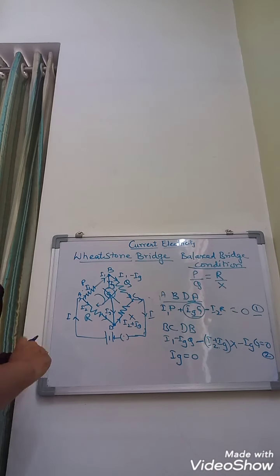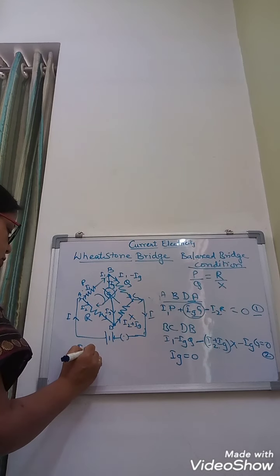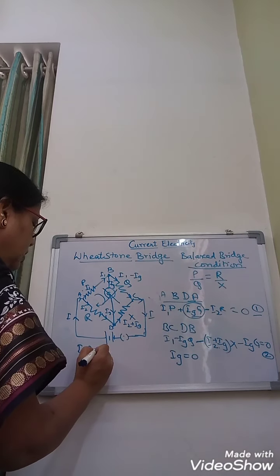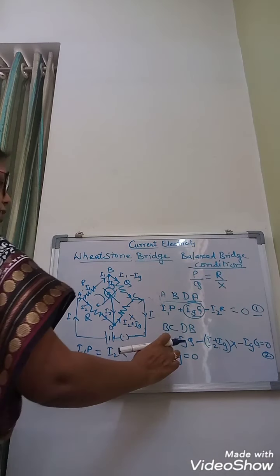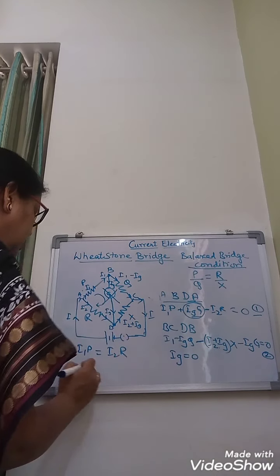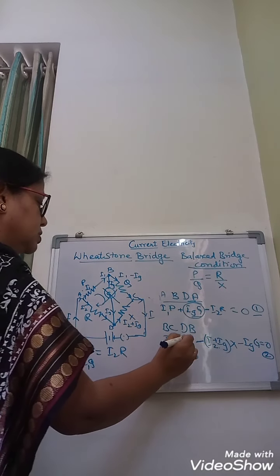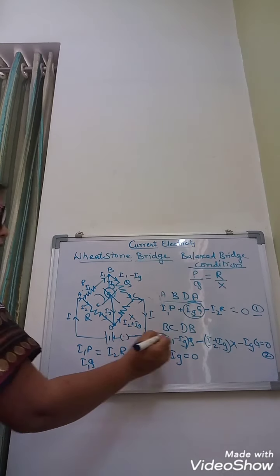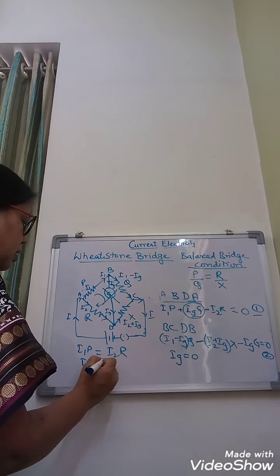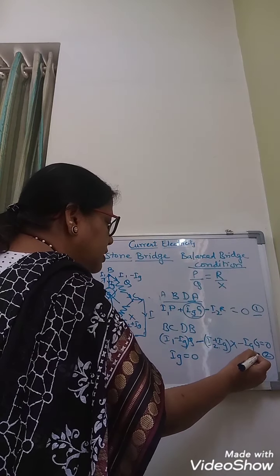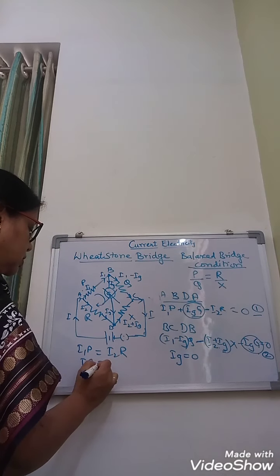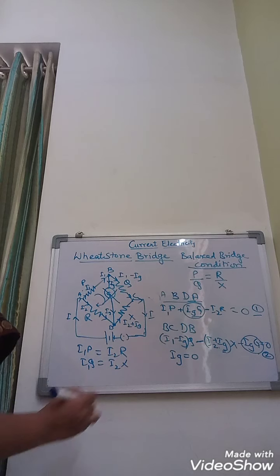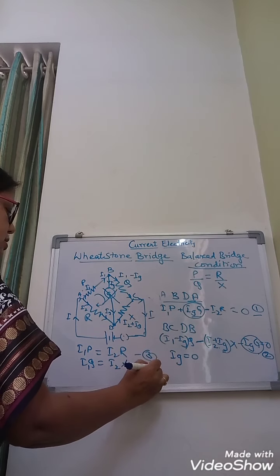So let us write the equation by putting Ig equal to 0. We get I1 into P, this is becoming 0, is equal to, we take it to the other side, I2 into R. Now for this, I1 minus Ig into Q, so Ig is 0, so I1 into Q. And this is becoming 0, this is completely 0, is equal to I2 into X. Now I am getting this as equation 3, this is equation 4.